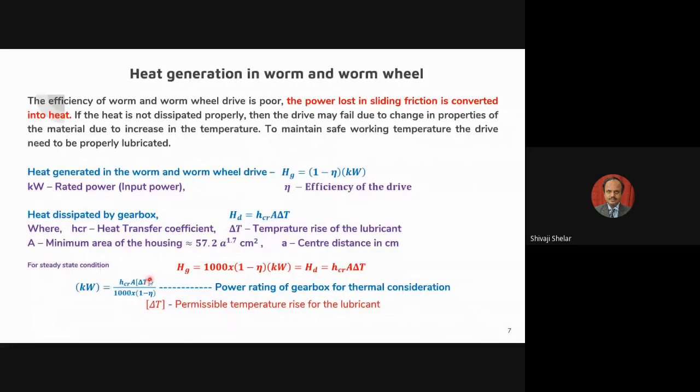So if I use this value, I can get kilowatt rating. That is the maximum power I can transmit with that gearbox with thermal consideration. So based on the efficiency and heat transfer coefficient, which is also not constant but you can assume constant, you can calculate the power rating, and that is the maximum power you can transmit by the worm and worm wheel.